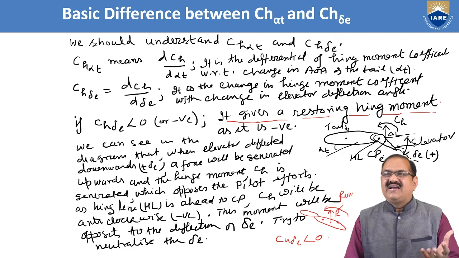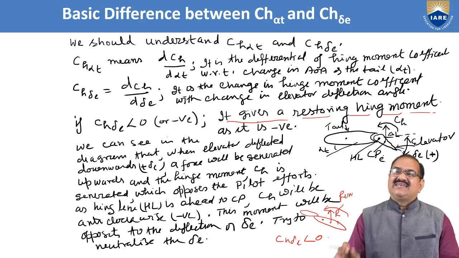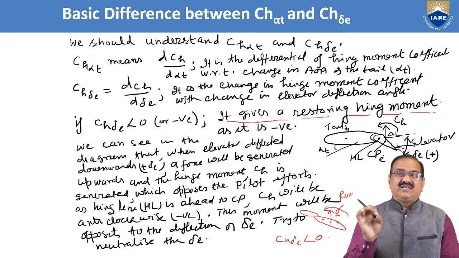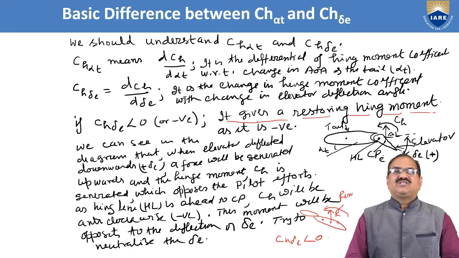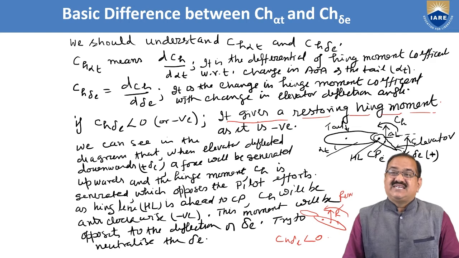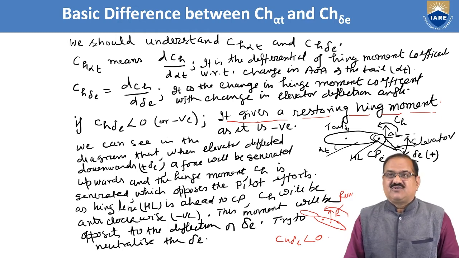Alpha T means angle of attack, and it is for the tail. CH delta E is the hinge moment coefficient for deflection of elevator, where delta E is the deflection of elevator. CH alpha T means dCH by d alpha T. It is the differential of the hinge moment coefficient with respect to the change in angle of attack of the tail.